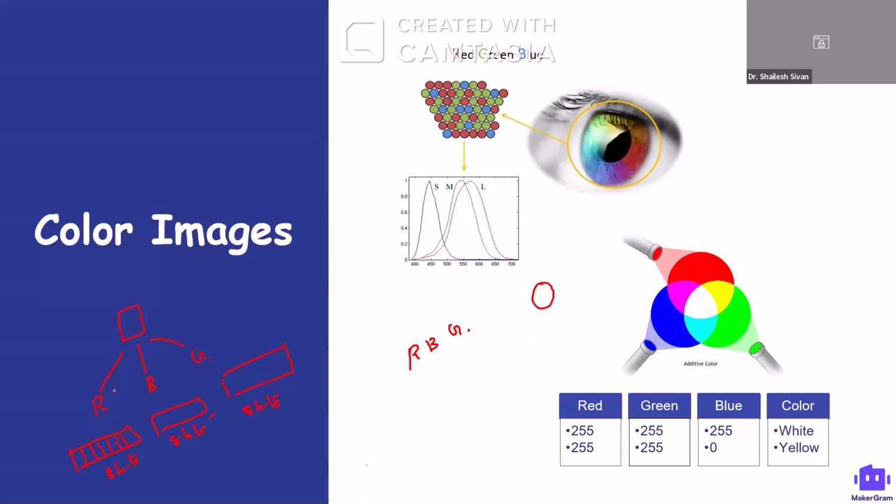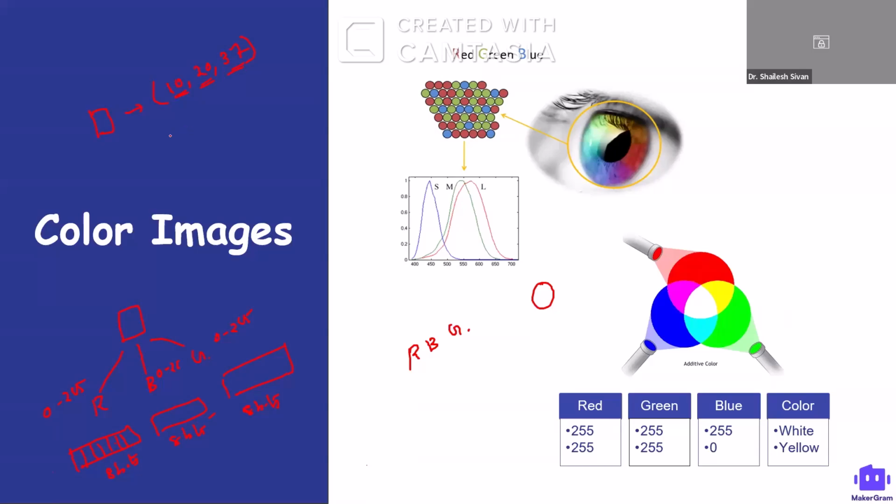So each can have an intensity value between 0 to 255. A single pixel is always represented as a tuple, such as 10, 20, 37. This is the intensity of red, blue, and green.